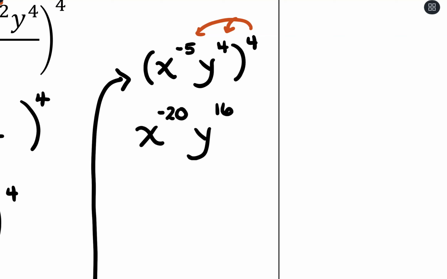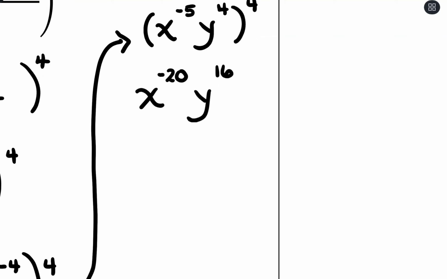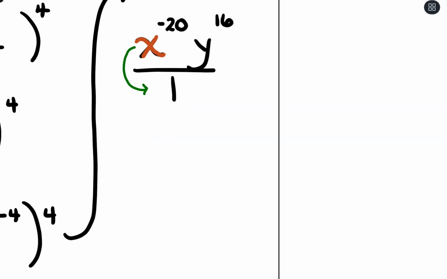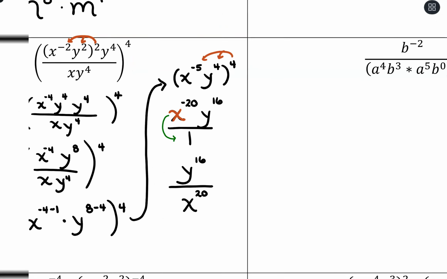And it looks like we're done, but we have one more step, and that's because we have a negative exponent. So x has a negative exponent of 20, so x is going to need to move location, in this case to the denominator. So y to the 16th is going to stay put, but x is moving to the denominator, and now we have an exponent of positive 20. And that'll do it.